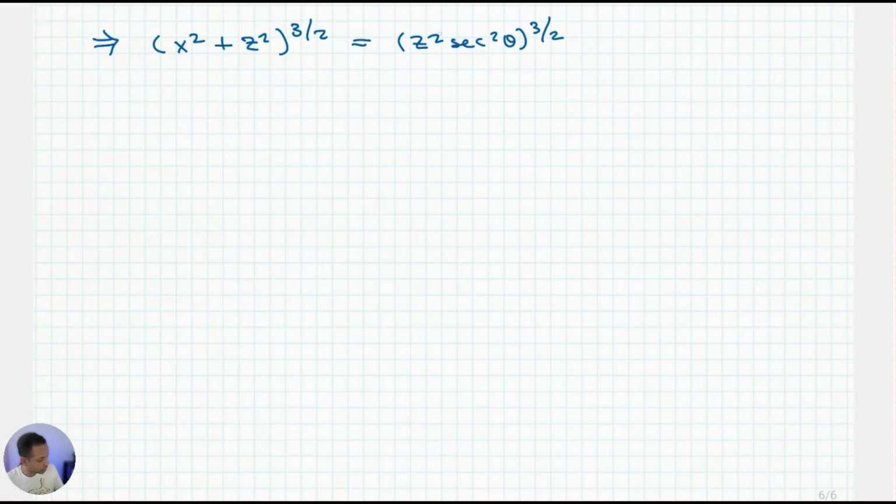So this square is going to simplify with this one half, and this square is going to simplify with this one half as well. Because of that, we get x squared plus z squared to the 3/2 is equal to z to the 3rd power multiplied by secant to the 3rd power of theta.